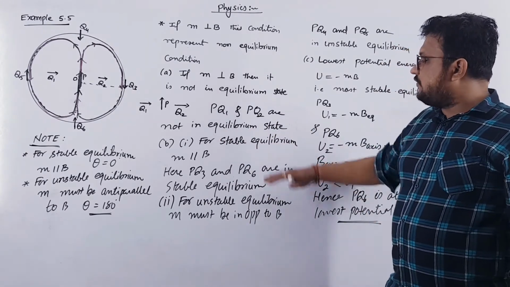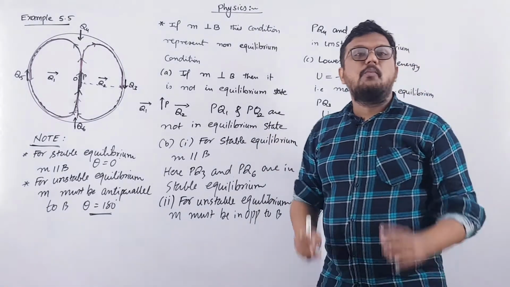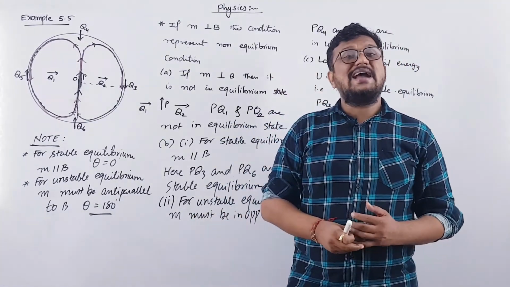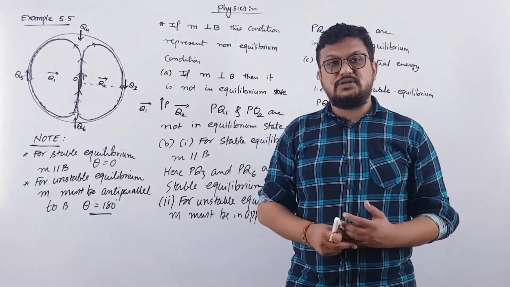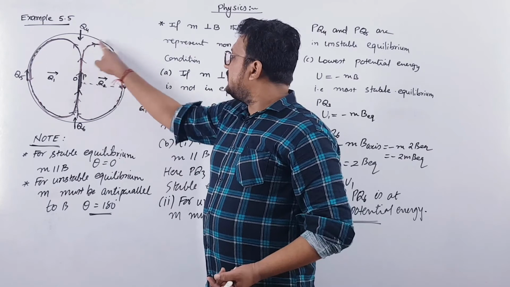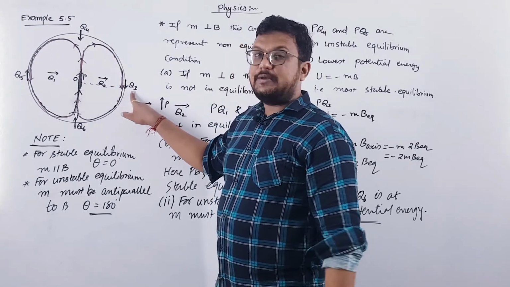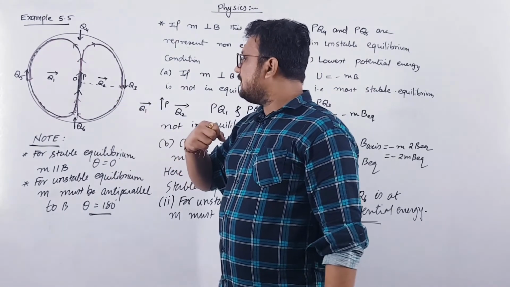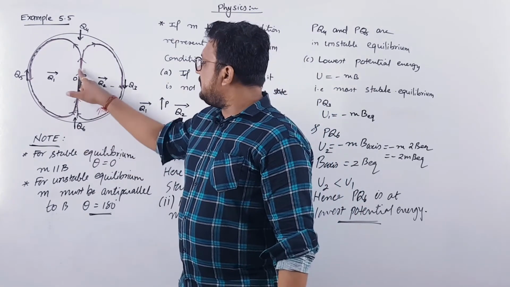Now second case, we want to find the most stable equilibrium. Most stable equilibrium represents minimum potential energy. So in that case, M and B must be parallel to each other. So here you can see that P of this needle is in downward direction at Q3. So P and Q3 are in stable equilibrium. In the same way, Q6 and P are in the same direction.